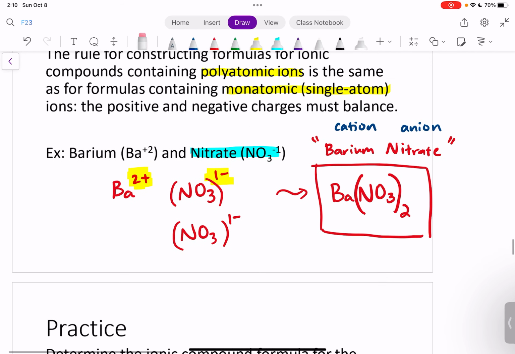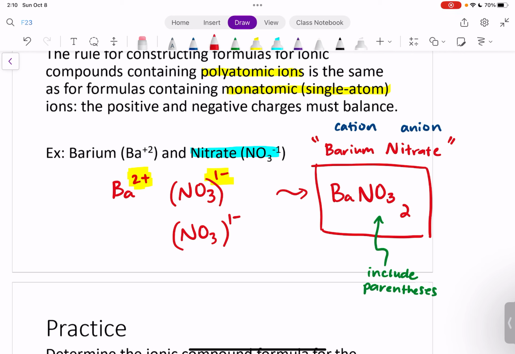Really important that up here, you do include parentheses because you have more than one of those polyatomic ions. If you didn't include those parentheses, it's kind of ambiguous and looks a little weird, because now that 2 looks like it's going to the oxygens, but it's not, right?